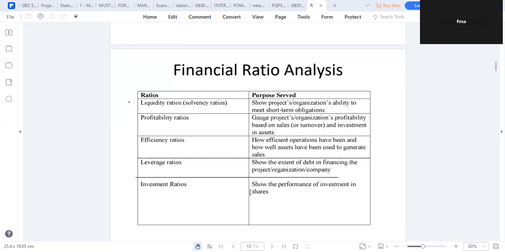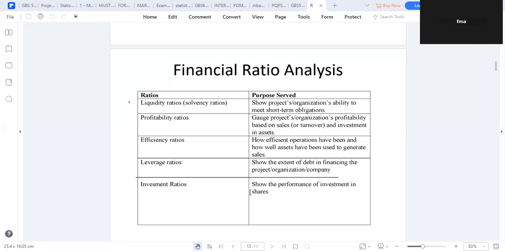Liquidity ratios show or gauge a firm's ability to meet its short-term obligations. Profitability ratios show the firm's ability to make excess revenues over expenses. They gauge a firm's profitability based on the sales or turnover and investment of the assets.